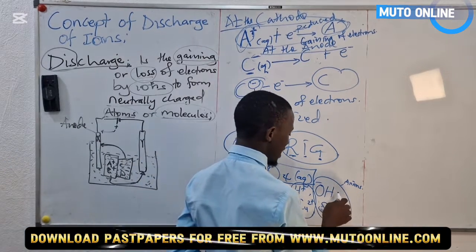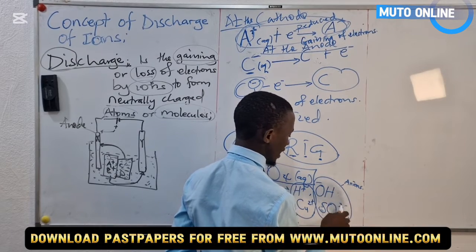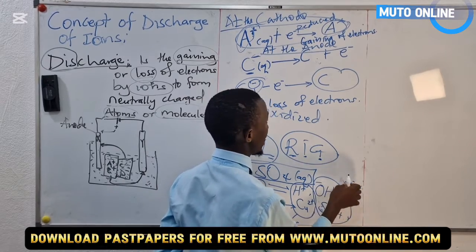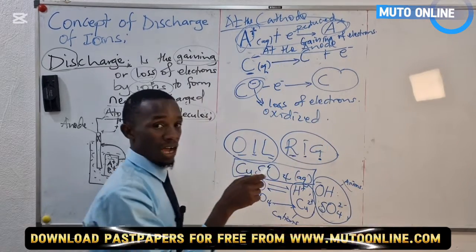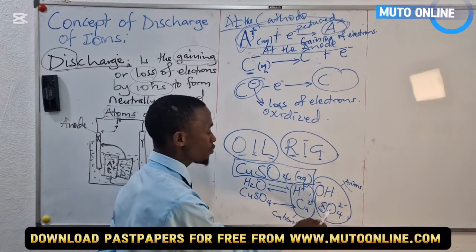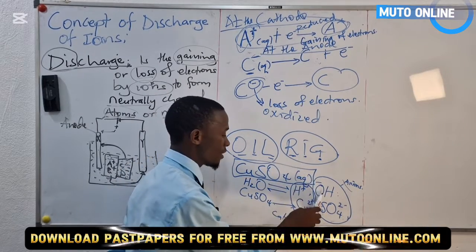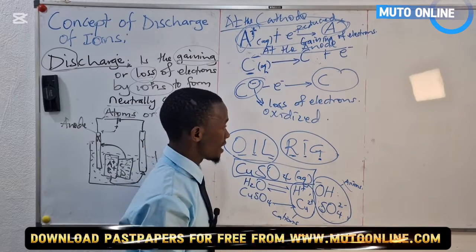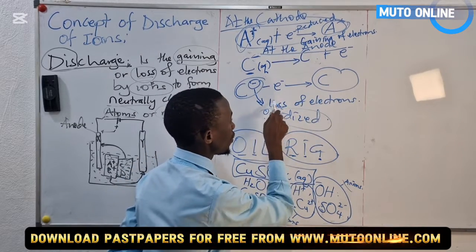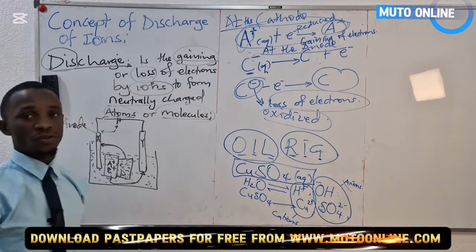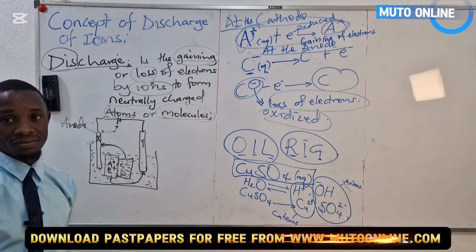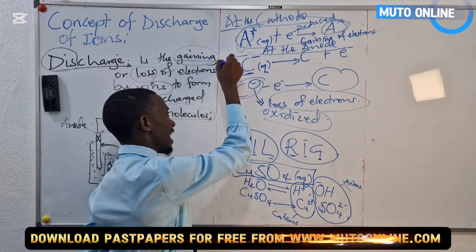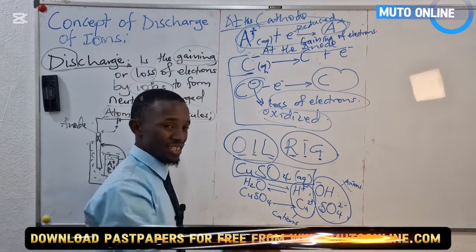And the two negatively charged ions, the hydroxide and the sulfate ions, will migrate to the positively charged electrode, which is the anode. And once there, not all, but one of these two will be discharged in preference of the other by oxidation, or loss of what? Electrons. Note it very well that the negatively charged ions go to the anode.